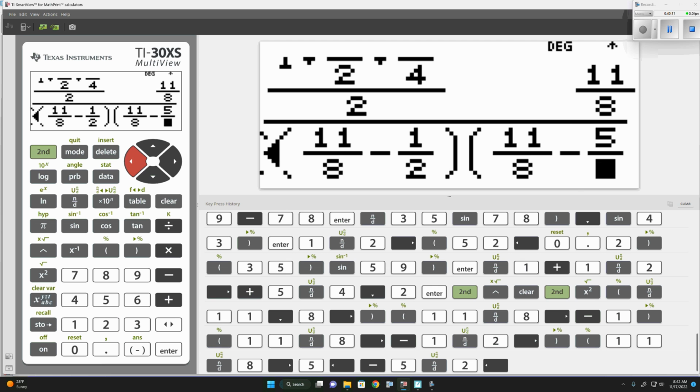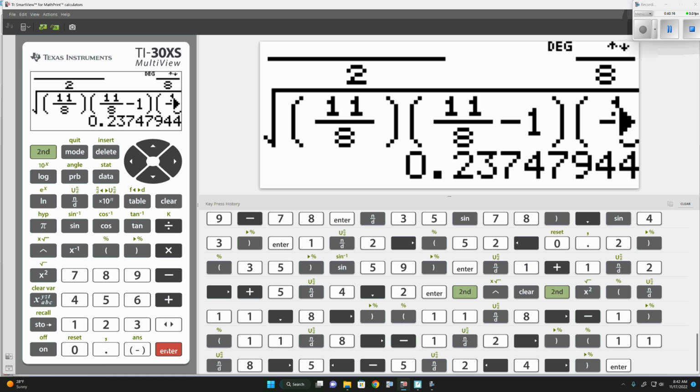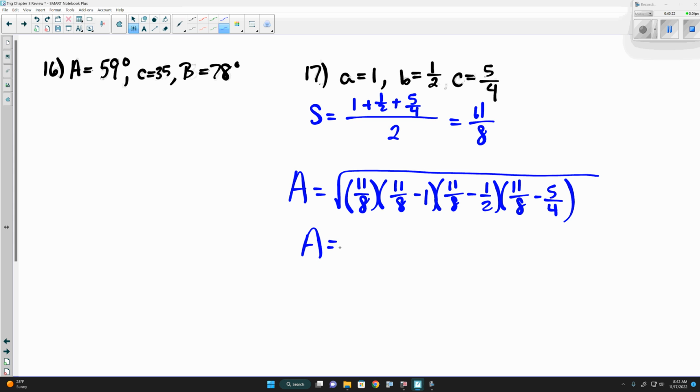Fourths. And we get 0.237, or 0.24. Any other questions on that one there?